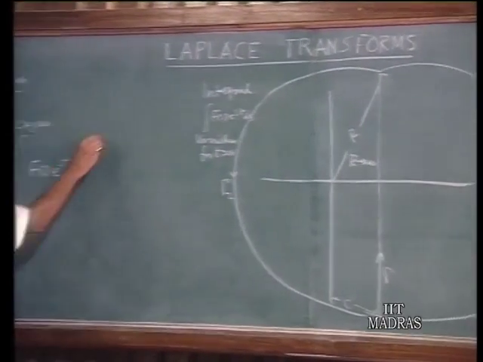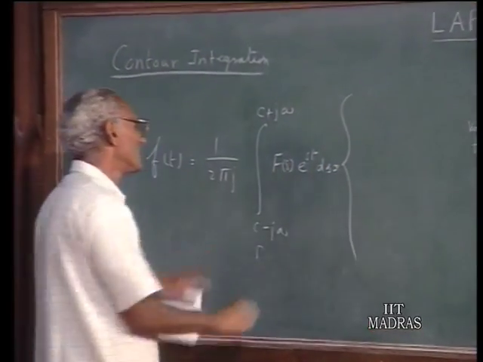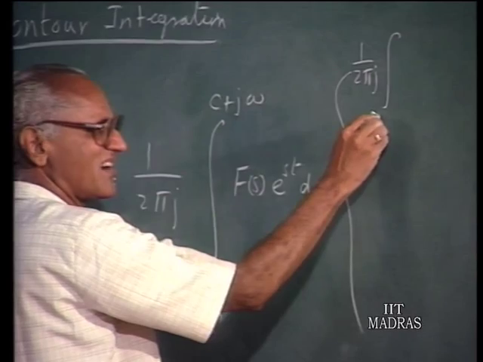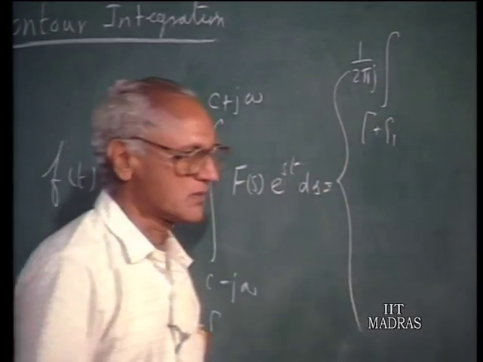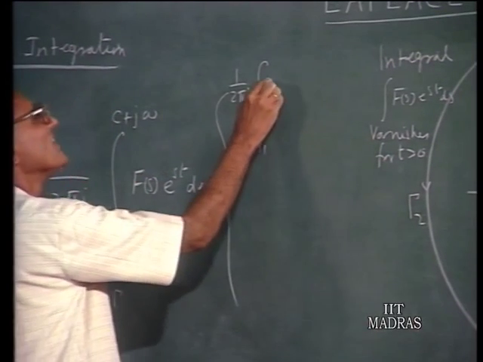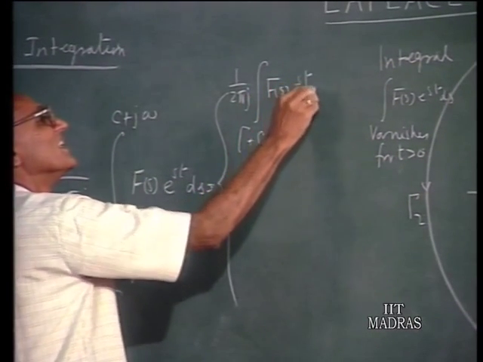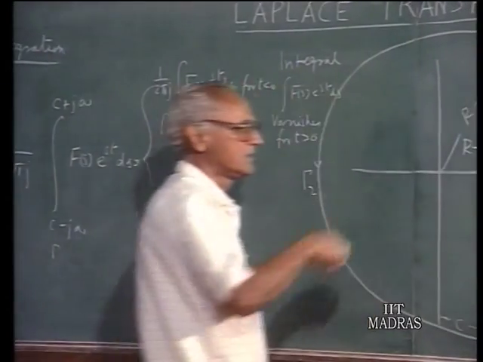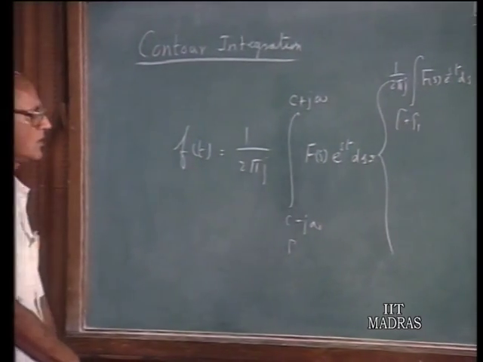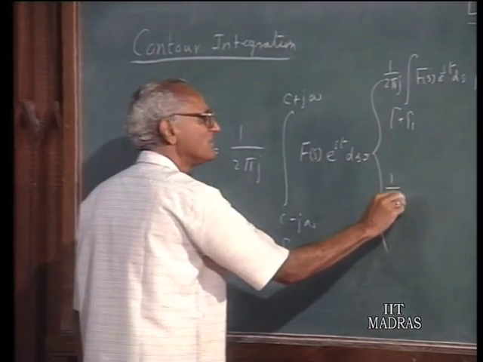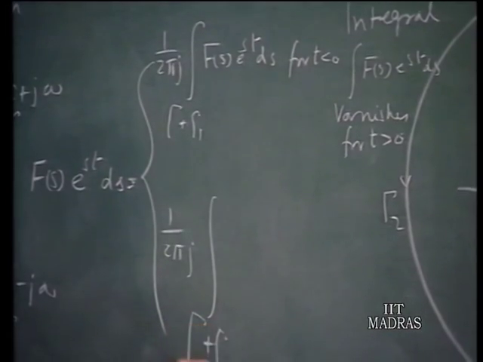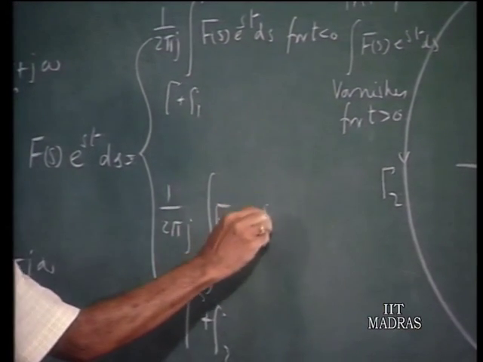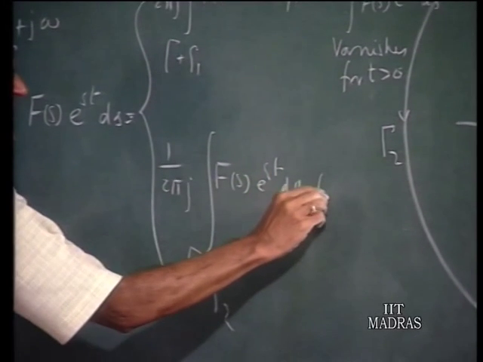So in other words, I can say this is equal to 1 over 2 pi j, evaluate the closed contour gamma plus gamma 1 of f of s e to the power of st ds for t less than 0, because after all I am adding to that a quantity which is equal to 0, and this is equal to 1 over 2 pi j integral along this closed contour for ds for t greater than 0.